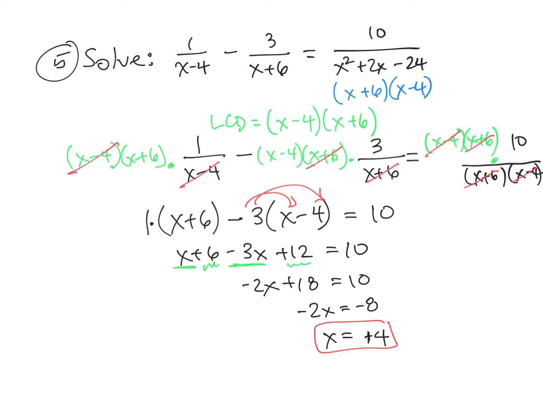I am not allowed to divide by 0. That's how the X-Men were created. So x is not allowed to be 4, and then I have no potential solutions left. And so my solution set is: there is no solution. There is no spoon.